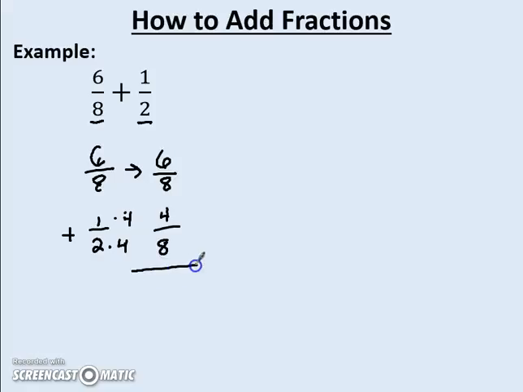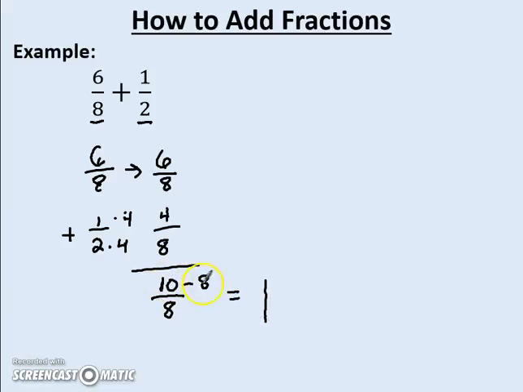Now you can add by adding the numerators. 6/8 plus 4/8 makes 10 pieces, and the bottom stays the same number because it takes 8 pieces to make a whole. Now ask yourself, is this fraction improper? And the answer is yes, because the top value is more than the bottom value. The bottom value tells you how many pieces it takes to make a whole. So it takes 8 pieces, so I'm going to take away 8 pieces to make one whole.